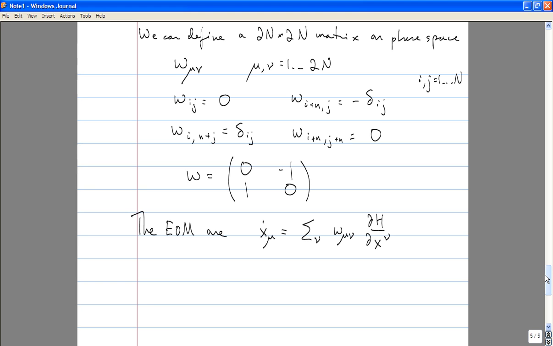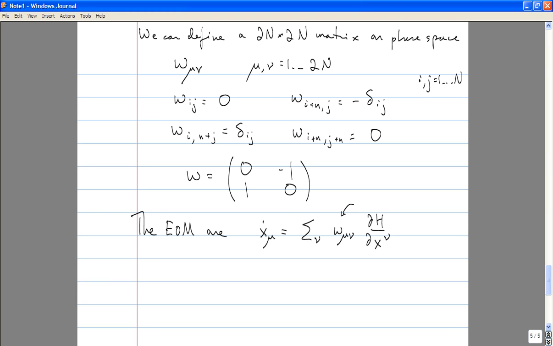So this is just a very compact packaging of the Hamiltonian equations of motion, which literally say that you take the gradient of H on phase space, you multiply it by this matrix, and you set that equal to x dot. And this matrix that I've called omega is the thing that implements the rotation by 90 degrees clockwise.